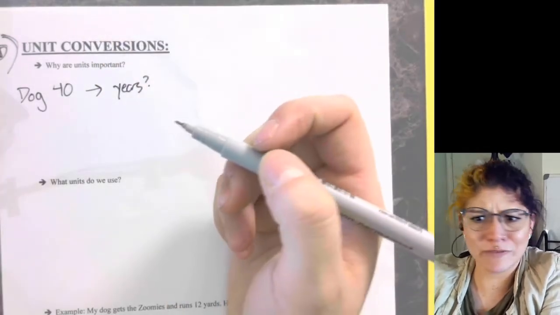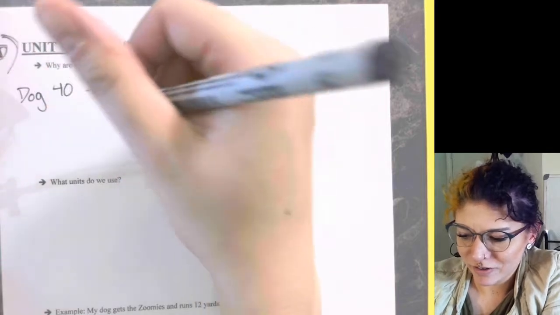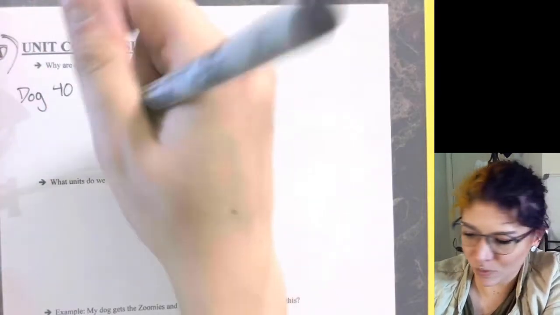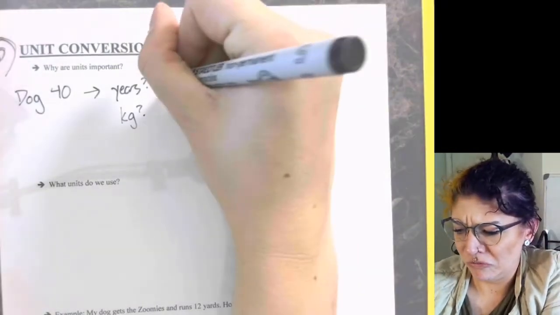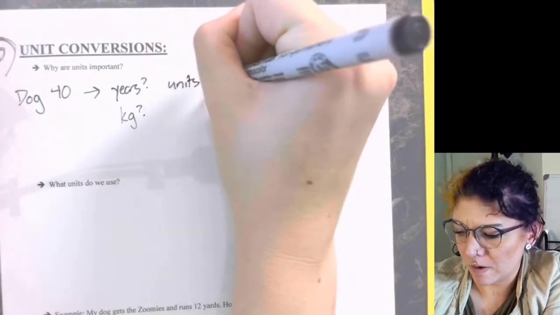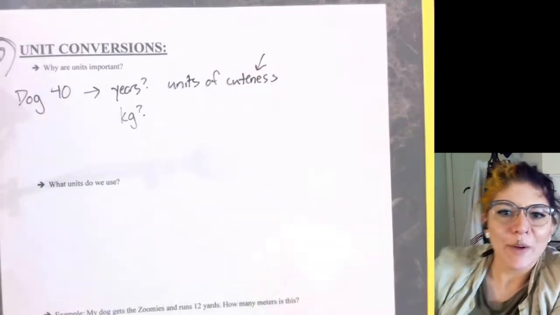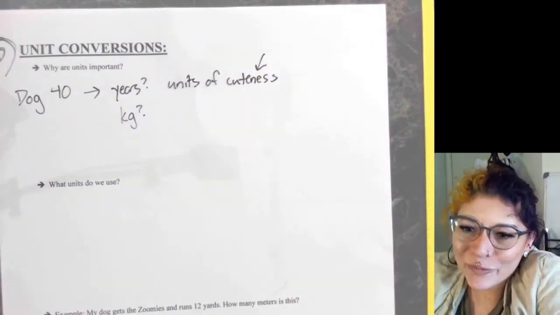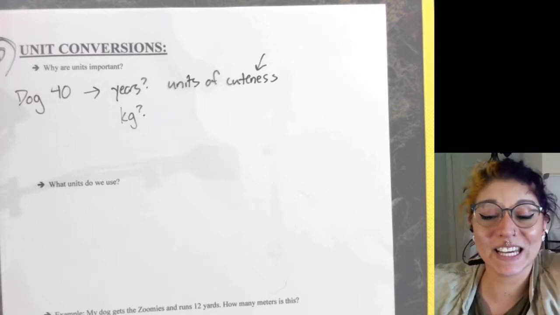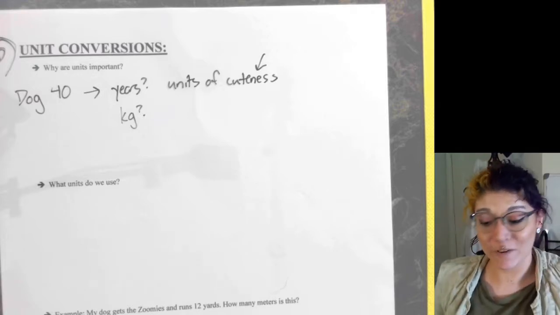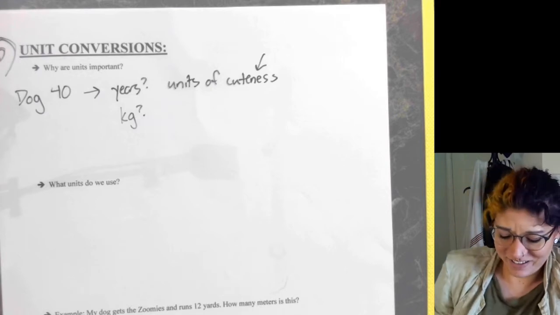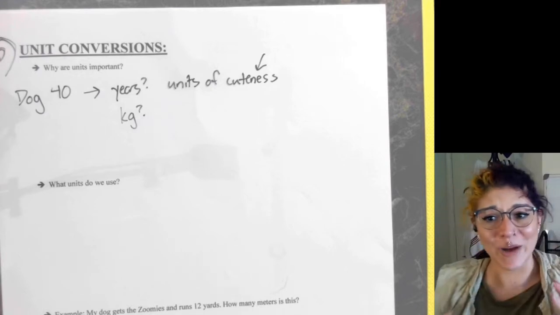That seems odd for a dog. 40 what? 40 kilograms? 40 units of cuteness? It's probably that one. But see, without using common units for our measurements, there's no way we can talk about these topics together.